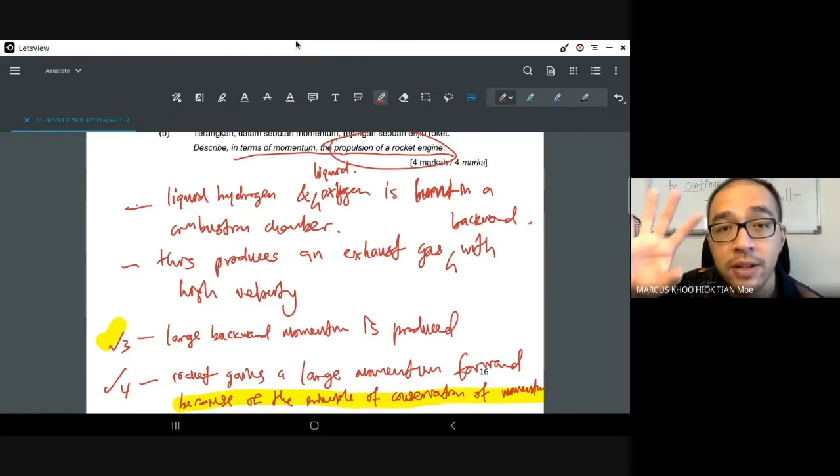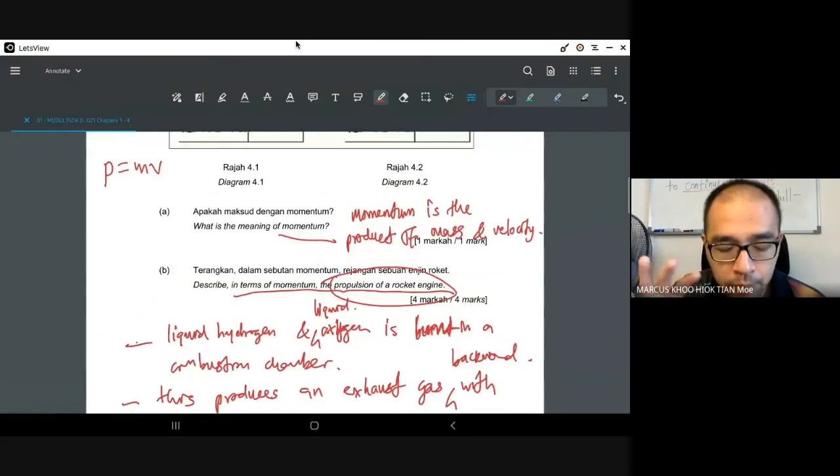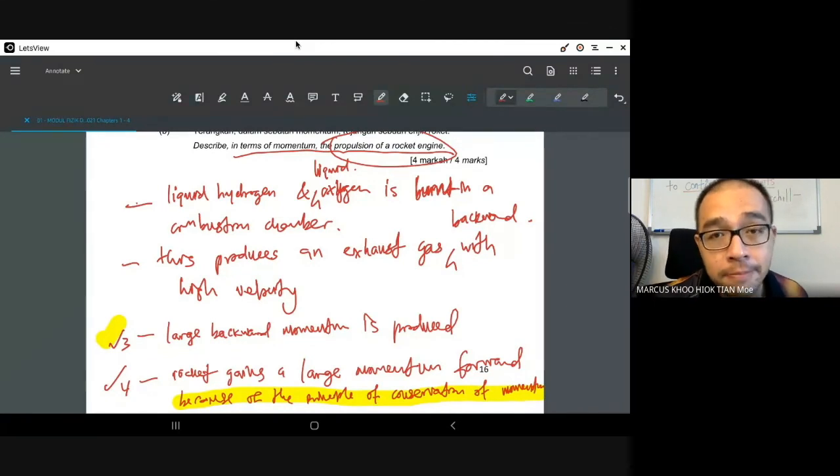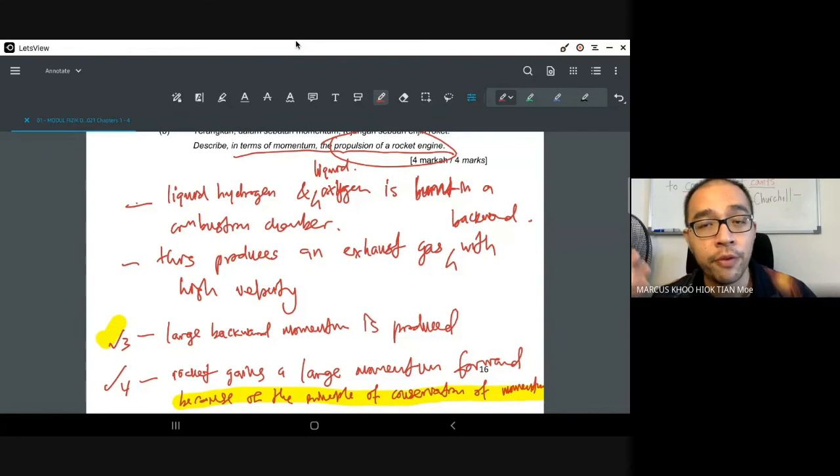Because there's a velocity, and momentum is mass times velocity, you have the mass, you have the velocity, so the momentum backwards is produced. And the principle of conservation of momentum states that before and after collision, before and after explosion, the total momentum is the same.